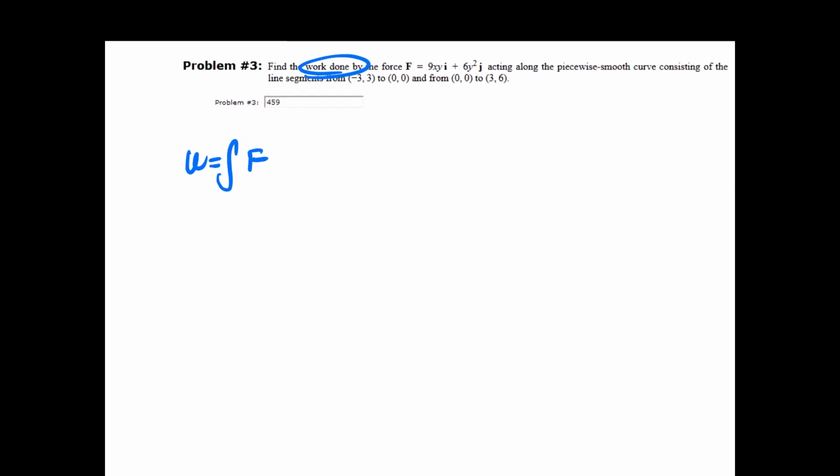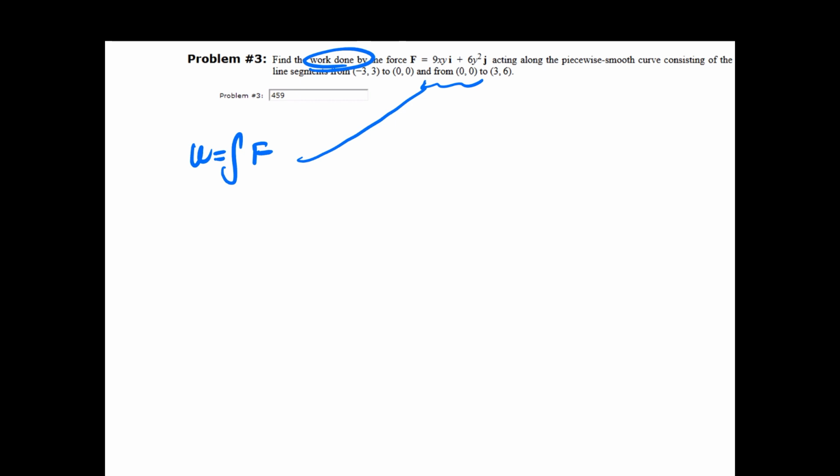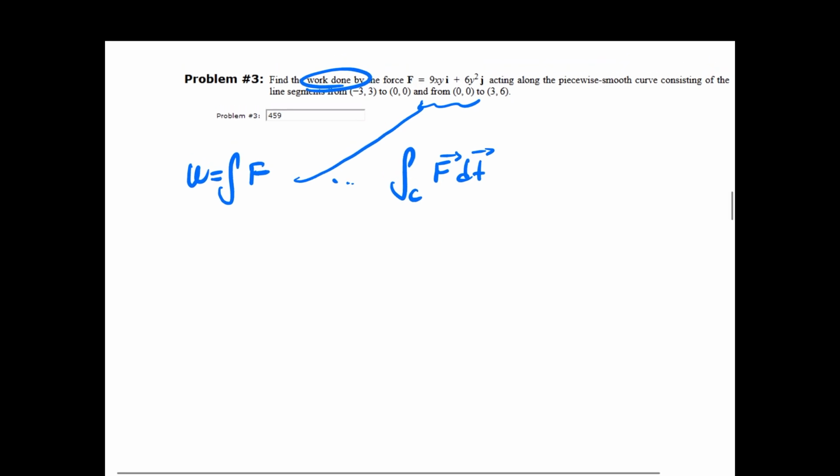So we know we're going to have to take the integral, and we're still going to build off of what we learned, because it's a multivariable integral. You're still going to have to go along the same line integral approach that we've been doing. So to do this, we have the integral over c of F dt, or whatever variable you'd like.